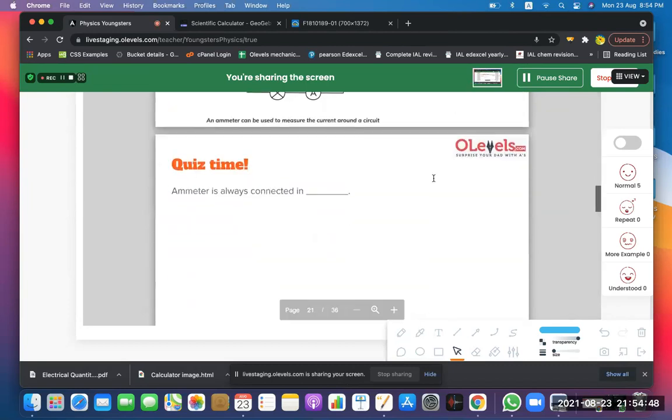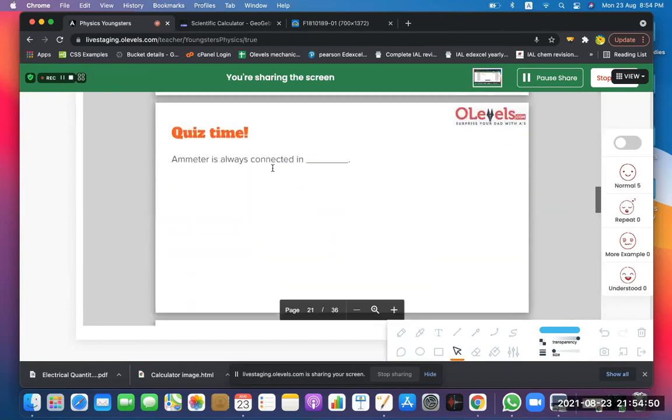Oh, it's quiz time. It's a very easy quiz. Ammeter is always connected in dash. I'm going to send a question, everyone. You have 10 seconds to answer.